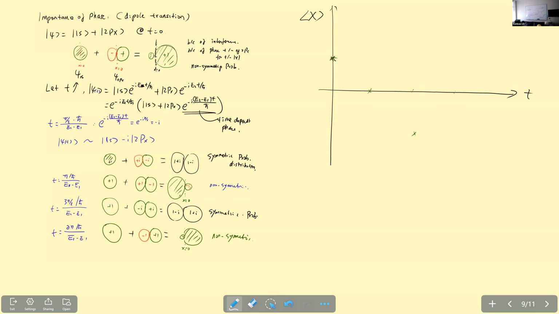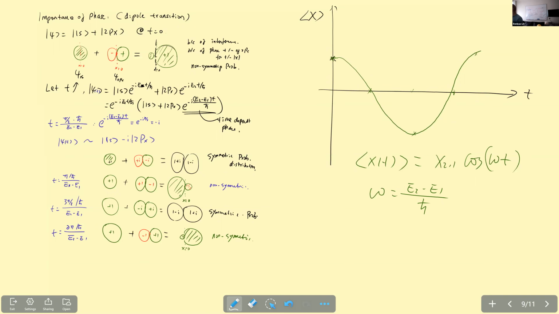And then 3 pi over 2 is right here, and then 2 pi. Okay. So you actually have an oscillation that goes like this. So that means x(t) will equal, we call this x21, the matrix element, times cosine omega t. And this omega just equals E2 minus E1 over h bar. So this is nothing but the dipole oscillation.